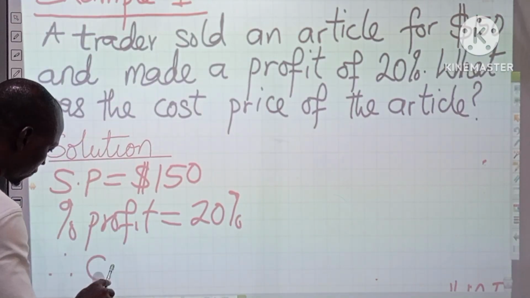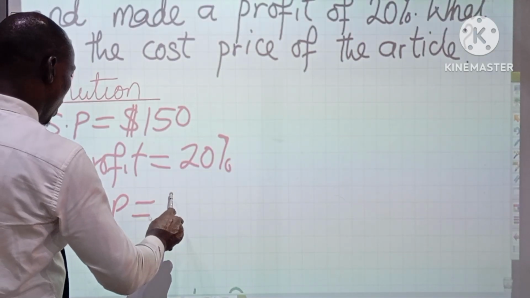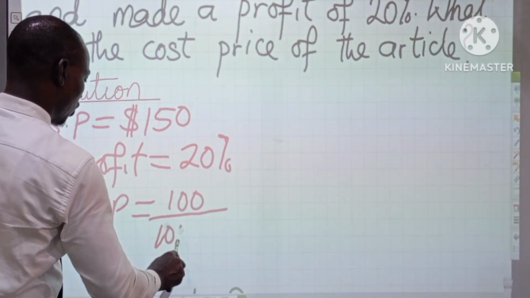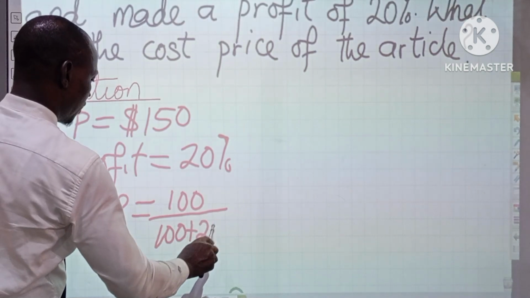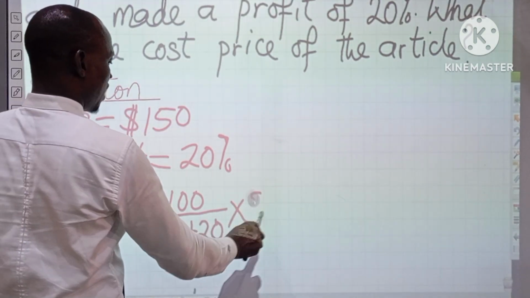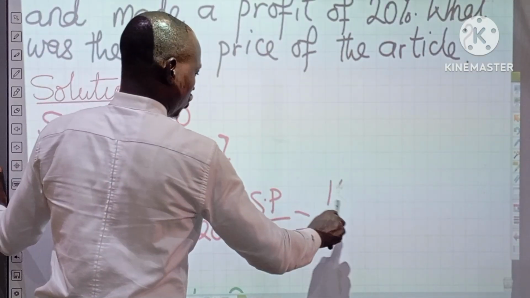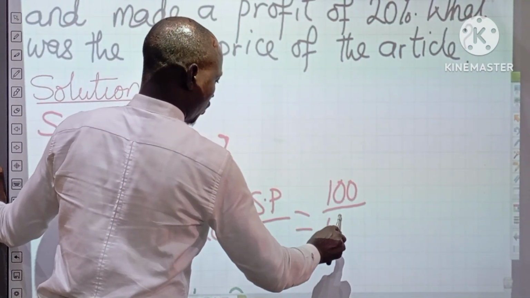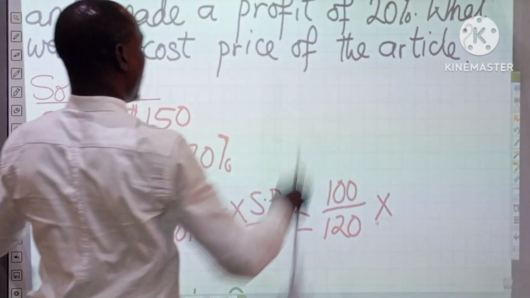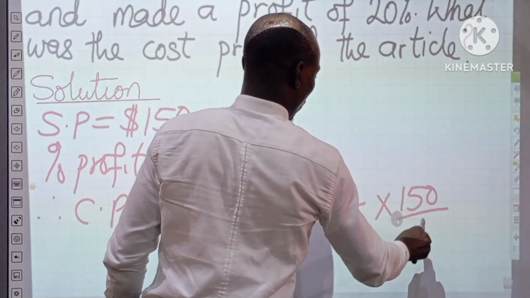Therefore, cost price will be equal to 100 over 100 plus the 20% percentage profit times the selling price over 1, which gives us 100 over 120 times the selling price, which is $150 over 1.